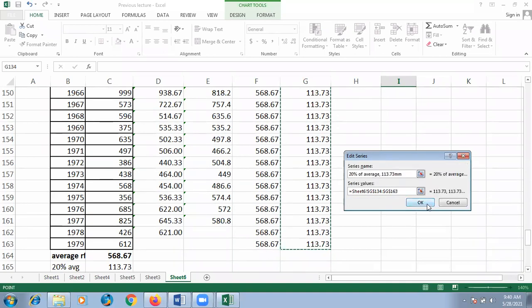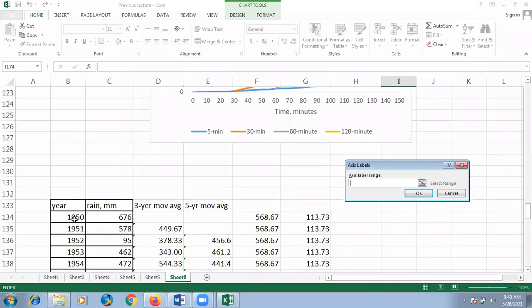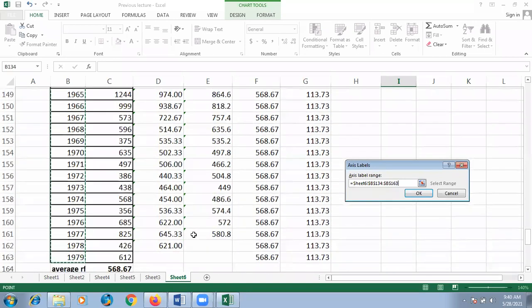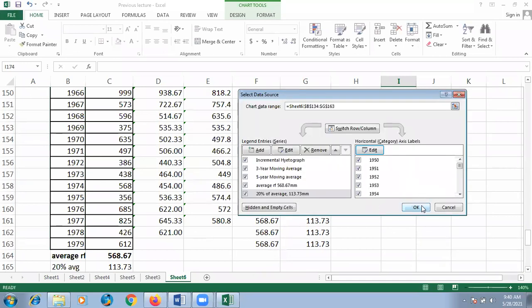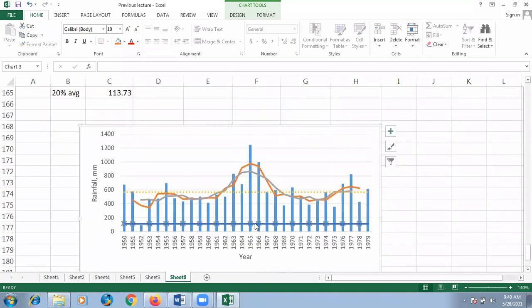Then the time axis has to be given the same number of years. Time axis is mentioned. So look here, you have another solid line here.